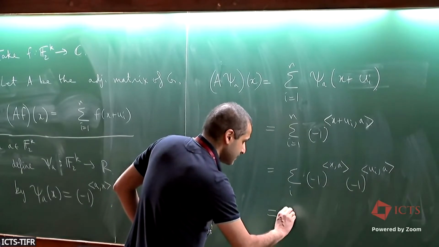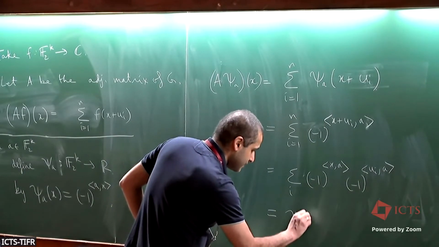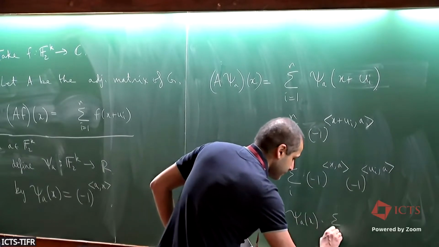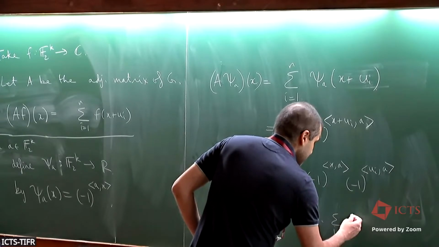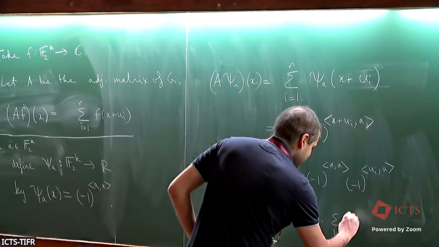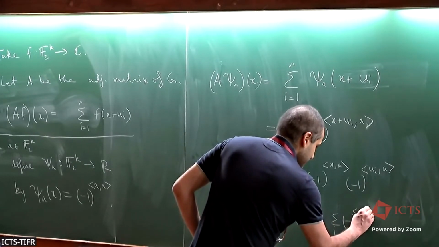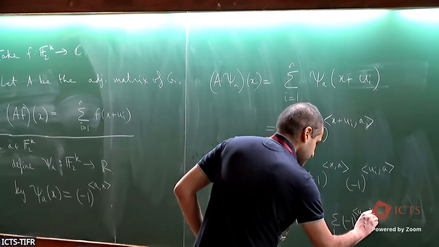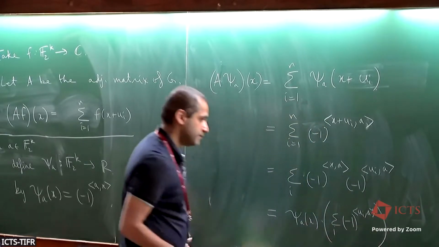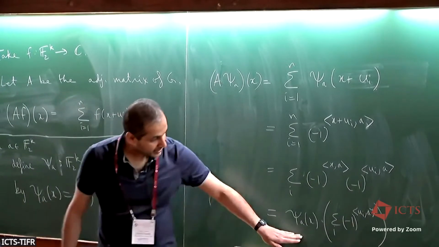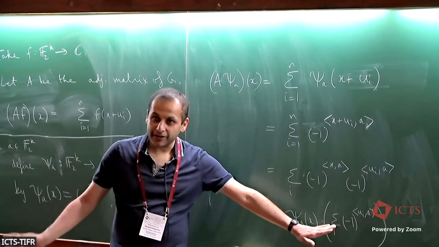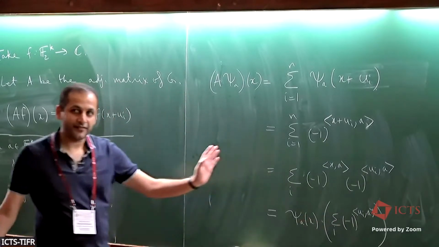This is psi A of X times the sum over all i of -1 to the ui inner product A. So A psi A of X is psi A of X times some constant that doesn't depend on X. So it is an eigenvector.